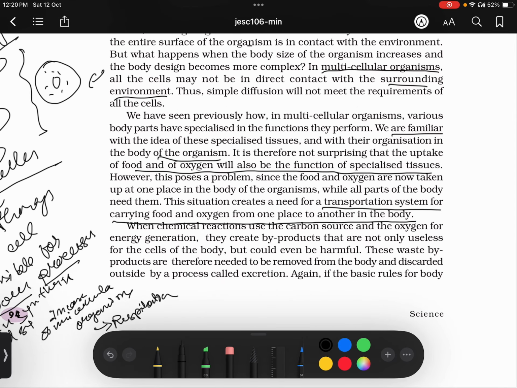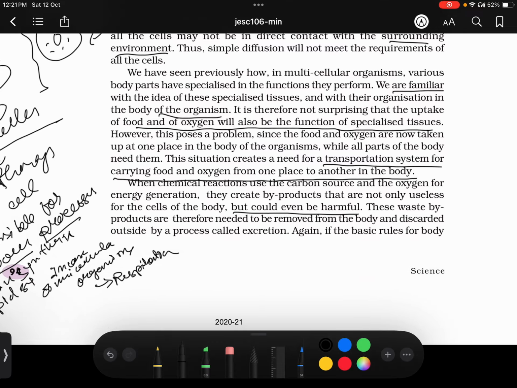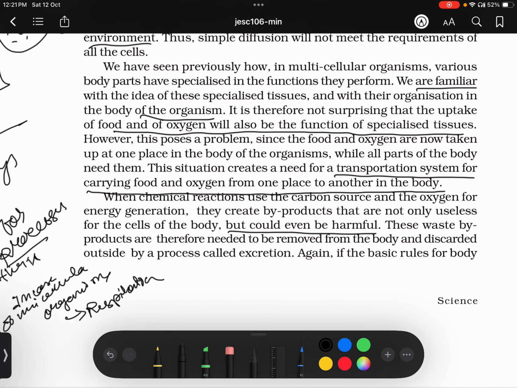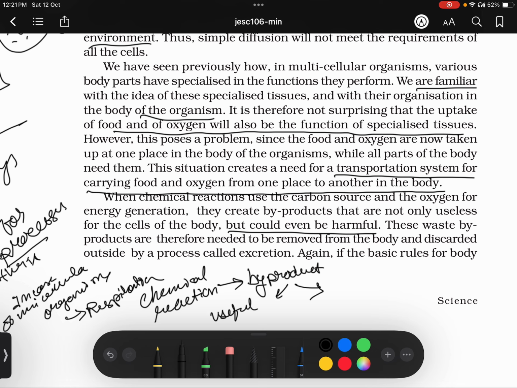And when chemical reactions use the carbon source and oxygen for energy generation, they create byproducts that are not only useless for the cell but could be harmful. Generally, when we do something, a chemical reaction always creates a byproduct, which can be useful or useless.